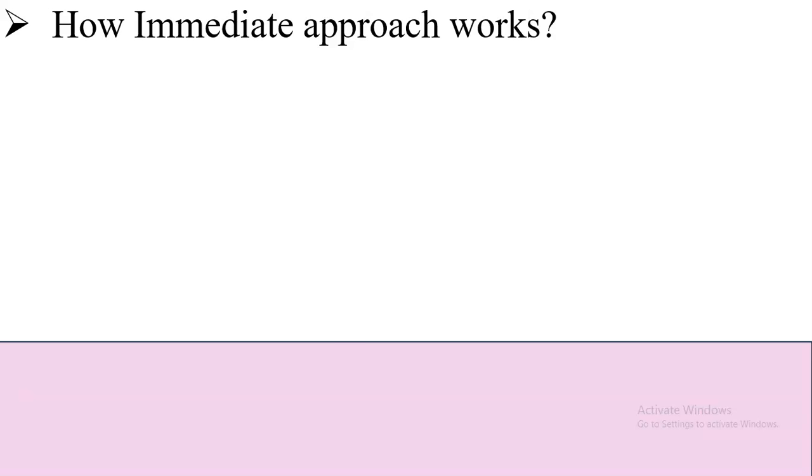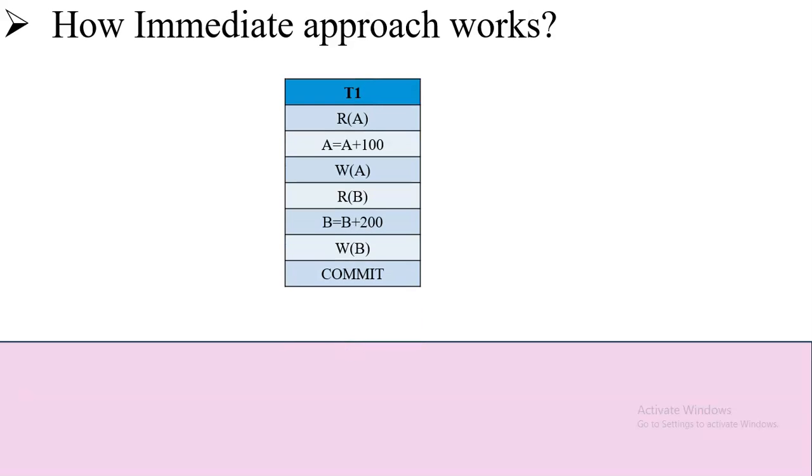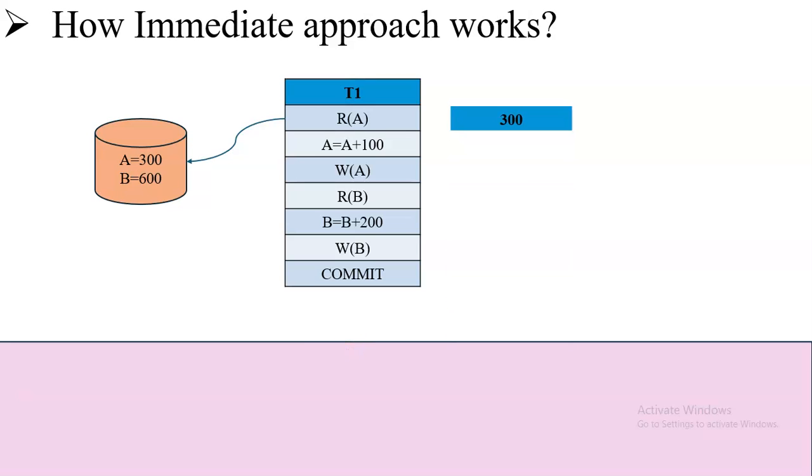Now how does this immediate approach work? Let us consider the same transaction, T1. The initial values are 300 and 600. After reading A, 300 will be read. Then after performing A is equal to A plus 100, 400 will be stored.